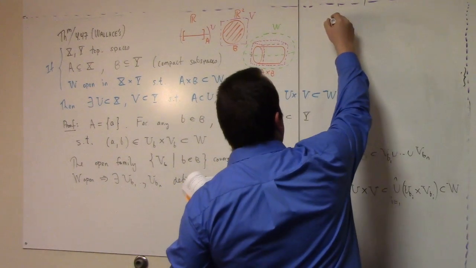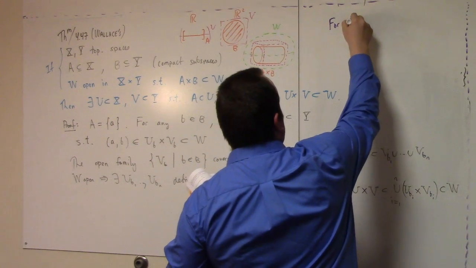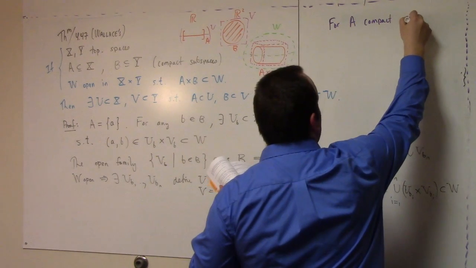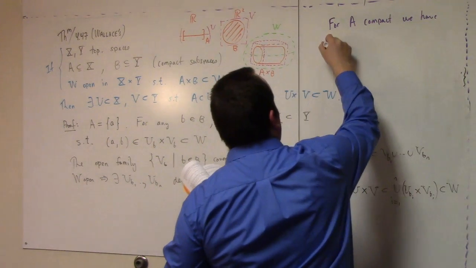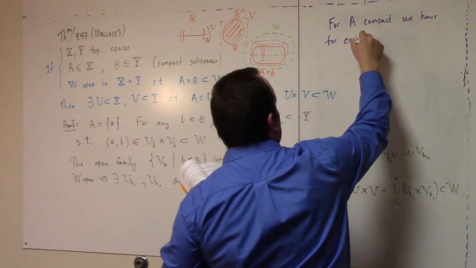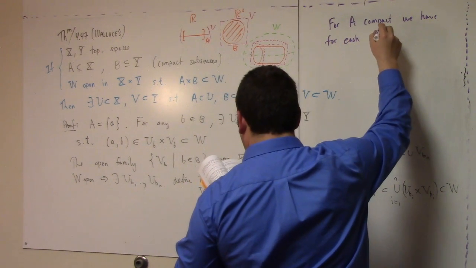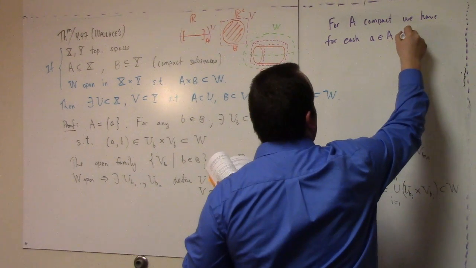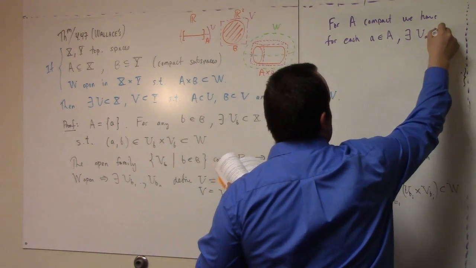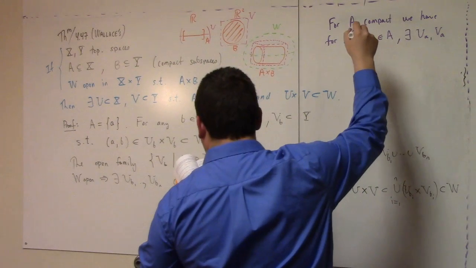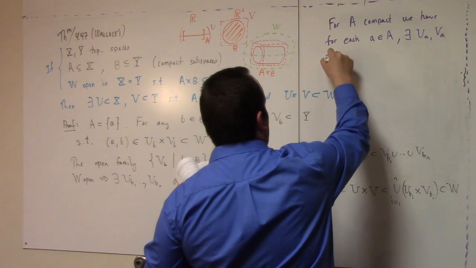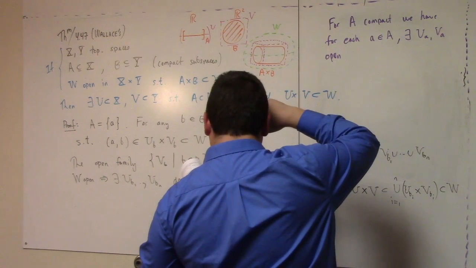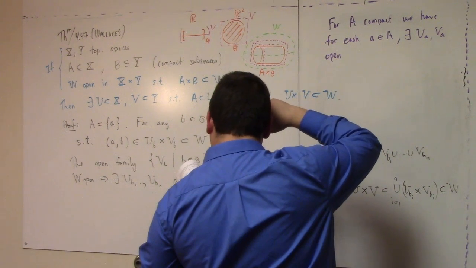So for A compact, we have for each a in A there exist U_a, V_a open in X and Y respectively, with what?